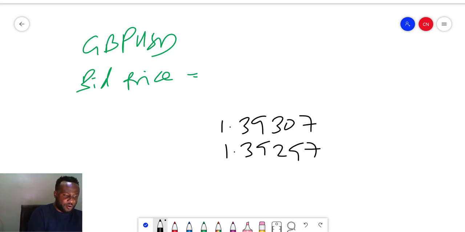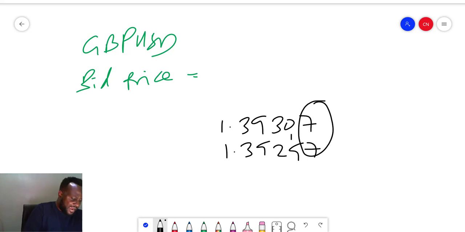That's 1 pip up because I added 1 to this, and you add 1 to this, it becomes 30, but you still keep the 5th decimal place. So in reality, to make it easy for you, just discount the 5th decimal place, and just leave it as the 4 decimal places. It makes it easy for you to count.